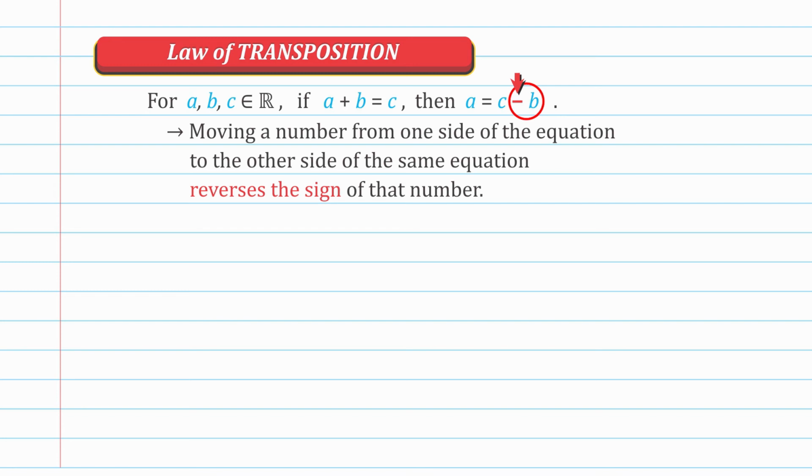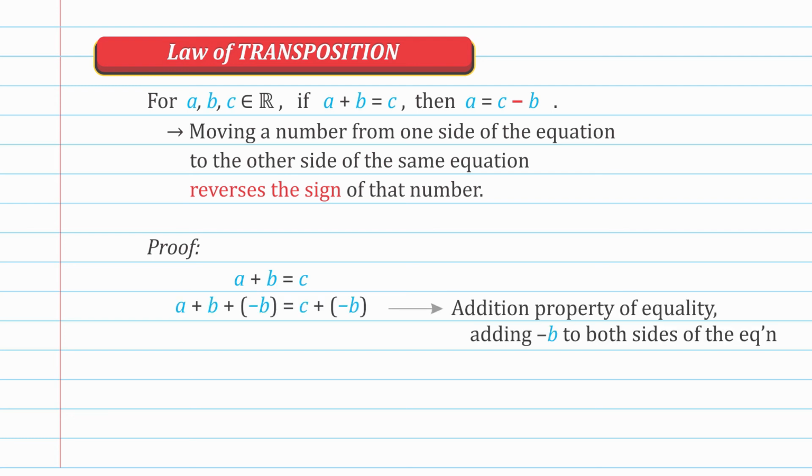Now, to prove that they're equal, we have this. Let's say we're given a plus b equals c. Just in case you want to remove the variable b here, what you want to do is apply the addition property of equality, adding negative b to both sides of the equation. The reason for that? We want to cancel b plus negative b to 0, therefore isolating a on the left side.